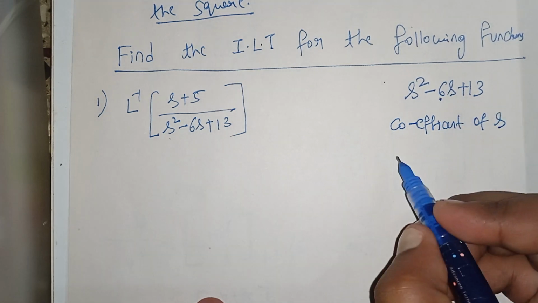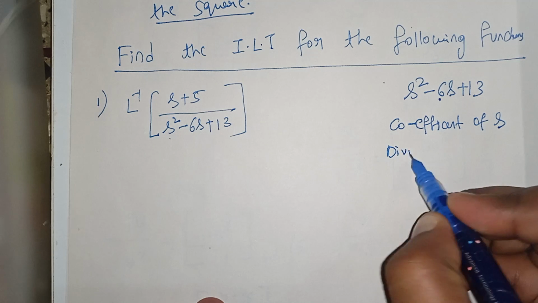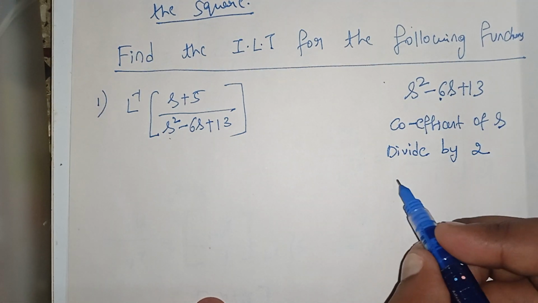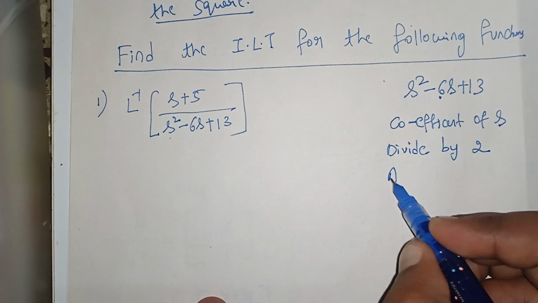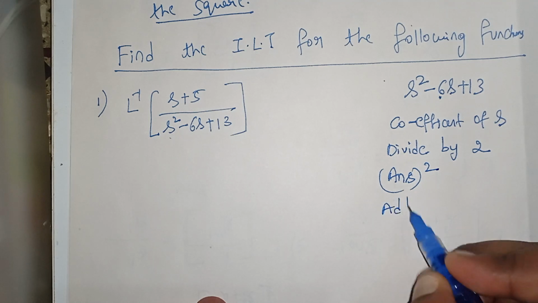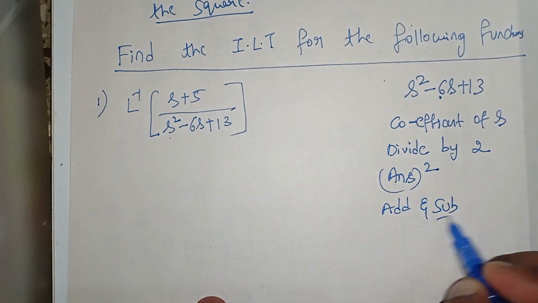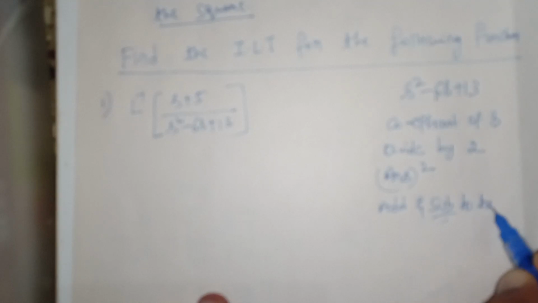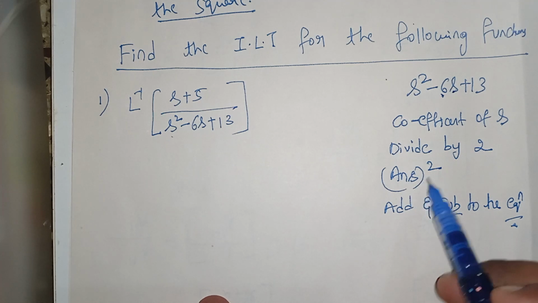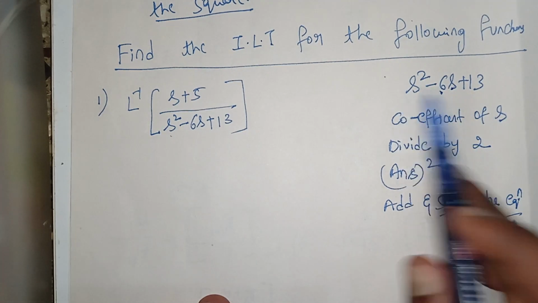You take the coefficient of s, divide it by 2, then square the answer you get, and add and subtract it to the equation.